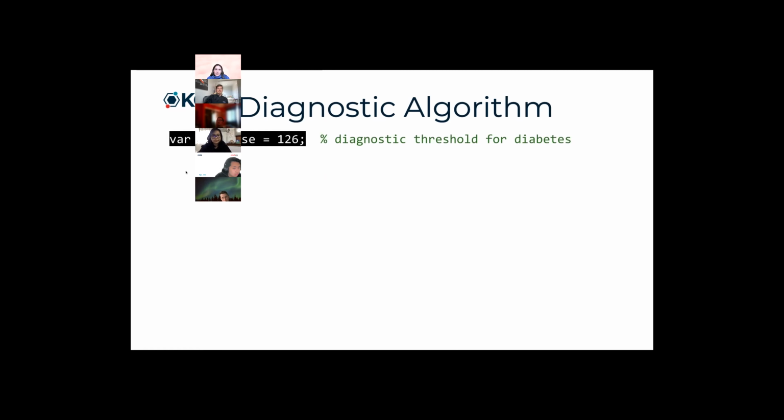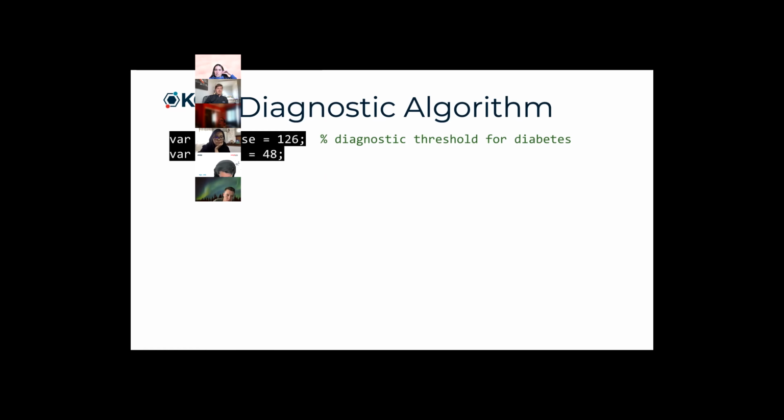Variable, yeah. Yes, exactly. And so what am I doing here? When I say var dGlucose equals 126, what does that mean? The dGlucose is the variable's name, and then you give it an integer value of 126. Exactly. So now I've set my dGlucose, which might just be shorthand for diagnostic threshold of glucose, to 126.